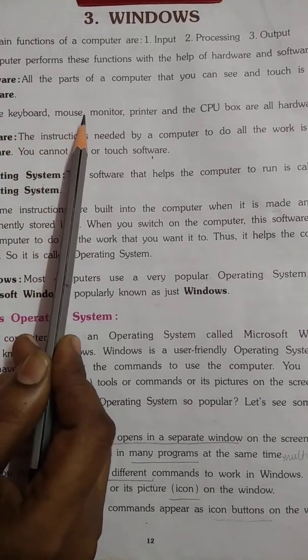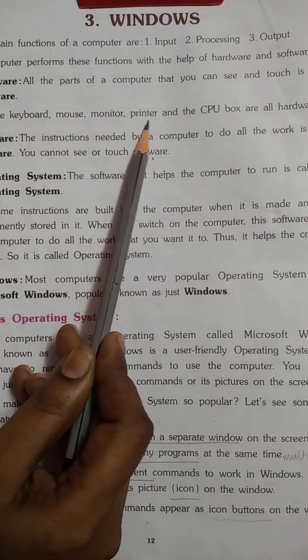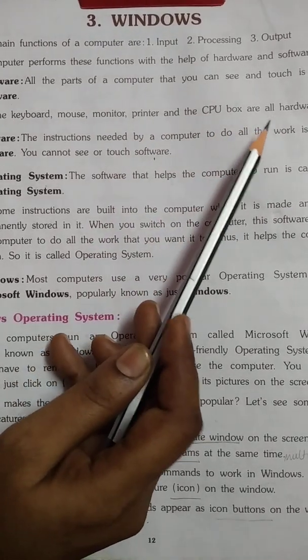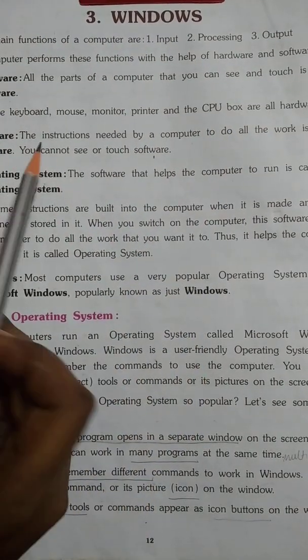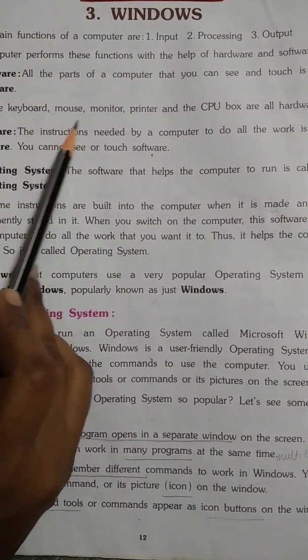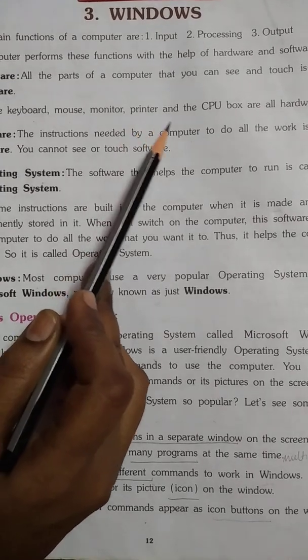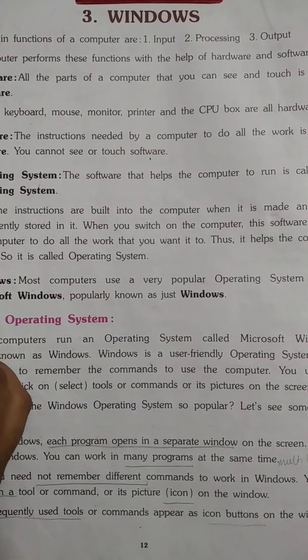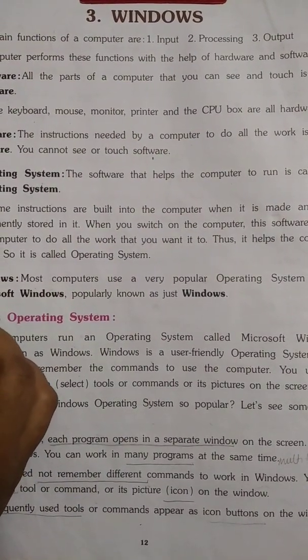Keyboard, mouse, monitor, printer, CPU box, all these are called hardware because we can touch them. So all these devices are called hardware.